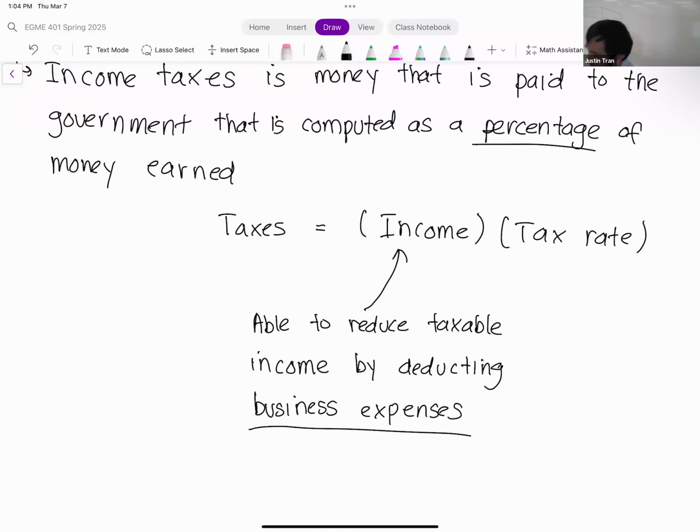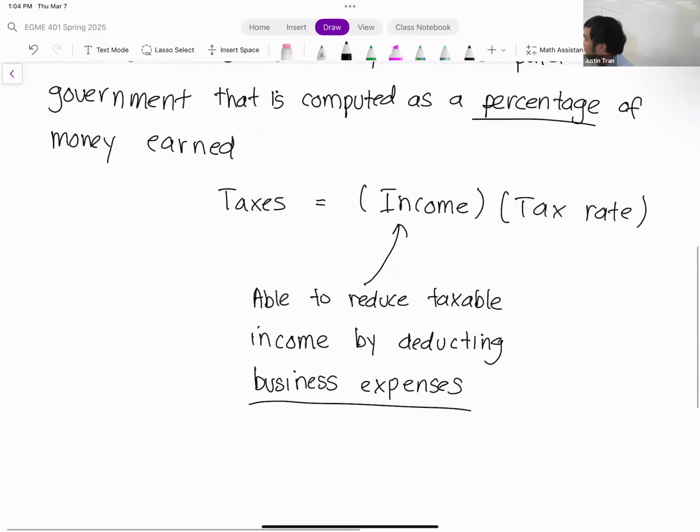By business expenses, that means money that you pay out to run your business. Any business requires money to be paid out, whether you're paying your employees for labor, or paying for materials to produce your product. It even goes down to electricity costs, internet costs, and software costs.